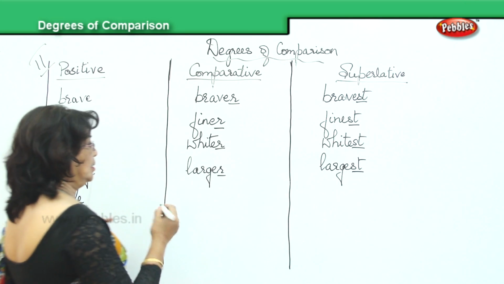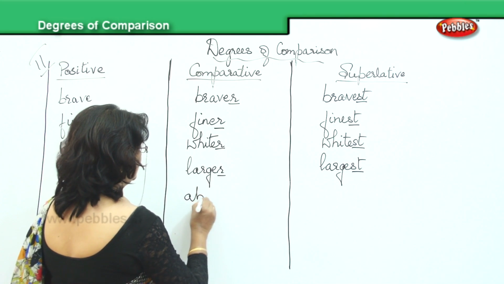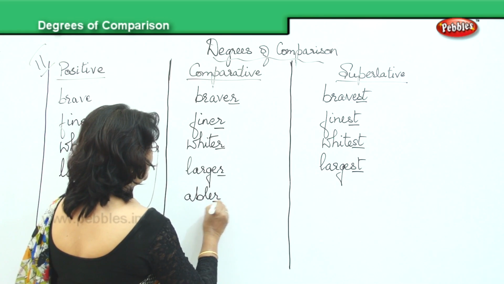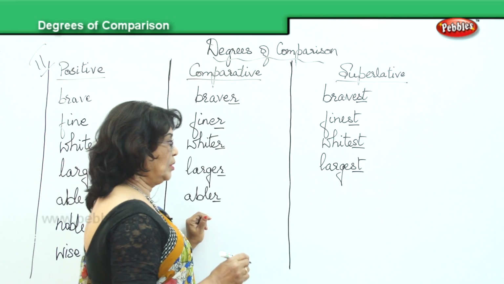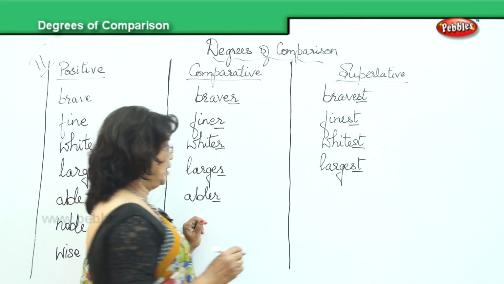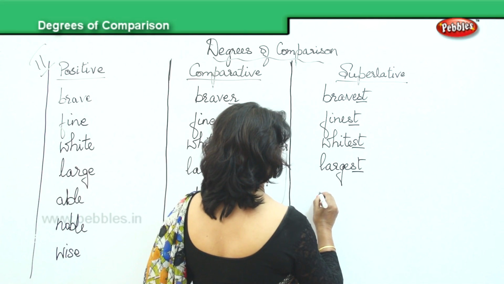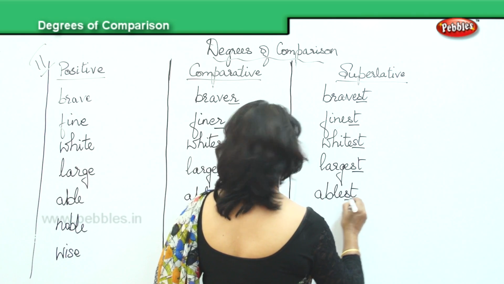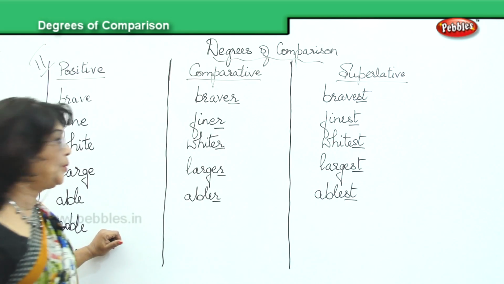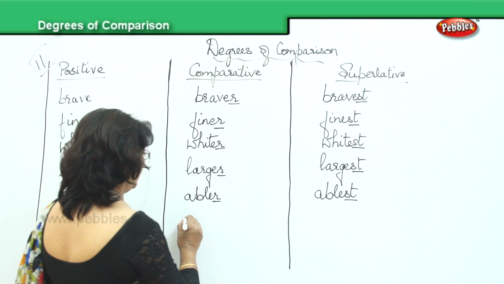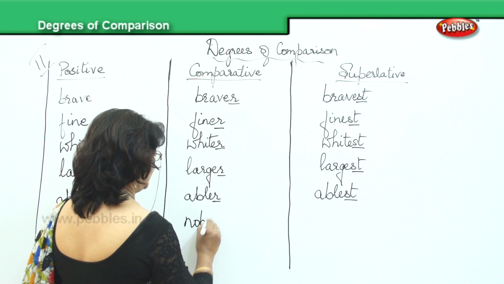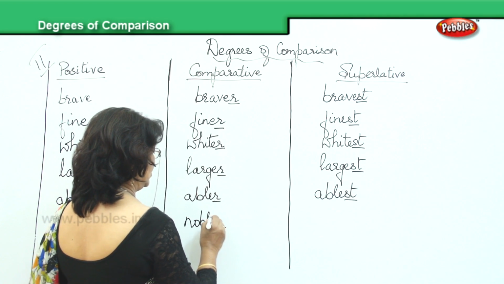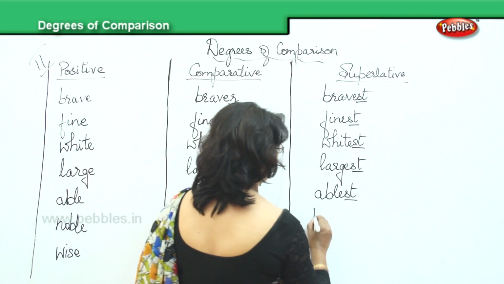Able, abler, more abler than the other one, ablest. Noble, nobler, noblest.